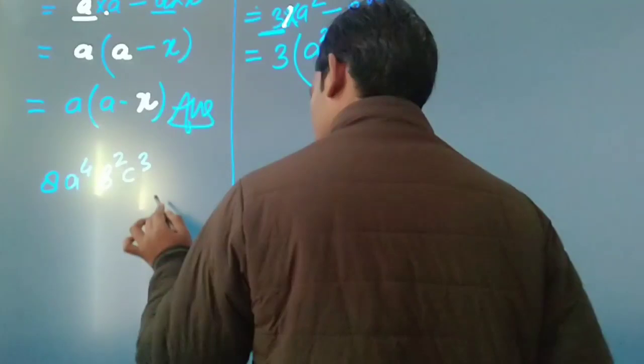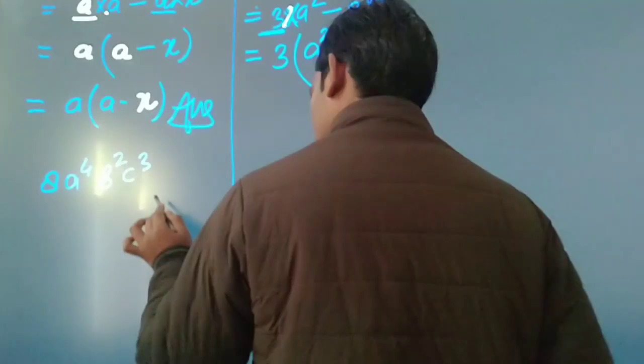Now let us see the next question. The question is also of a different type, and the question is whole square of x minus y. The question number is 15, and this is question number 14.